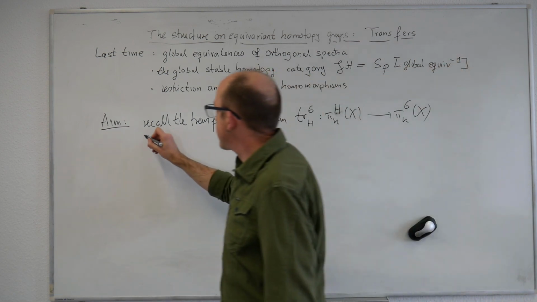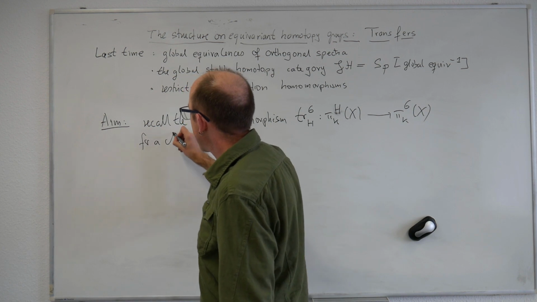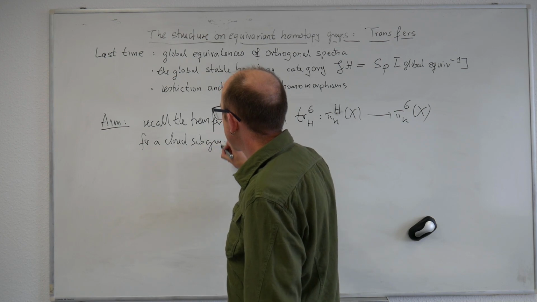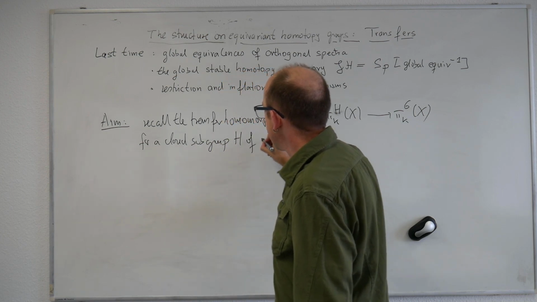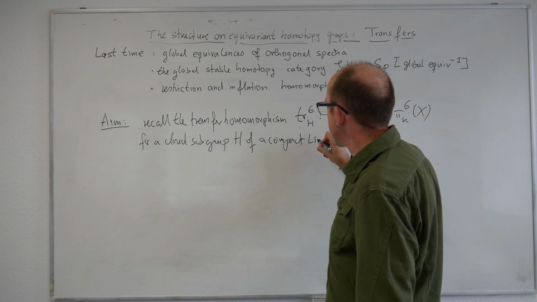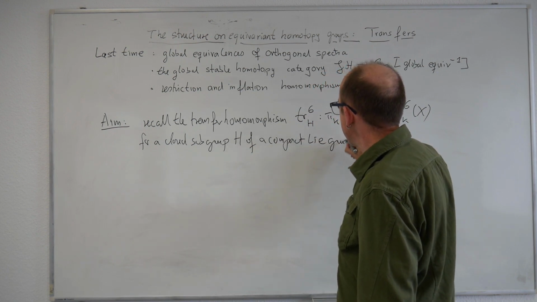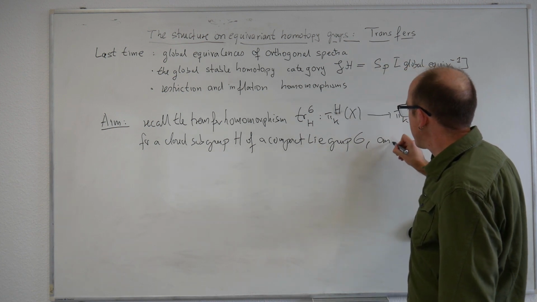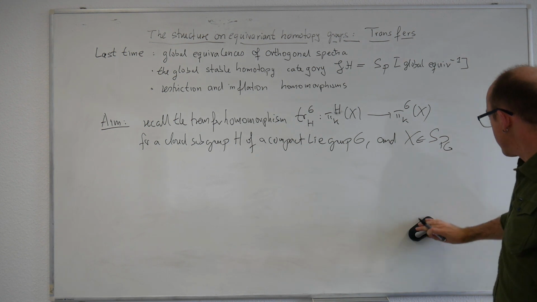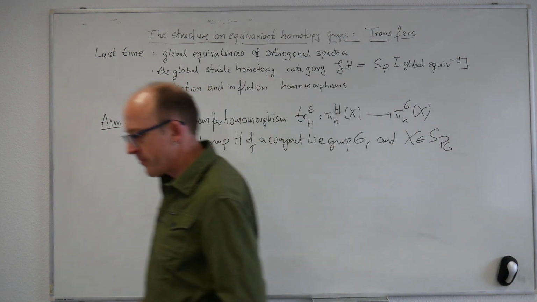And what is the context here? For a closed subgroup H of a compact Lie group G and an orthogonal G spectrum X, so an object in this category that I've noted as Sp_G.